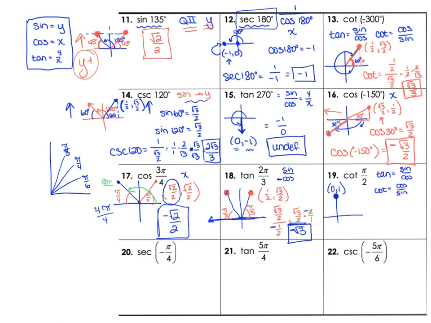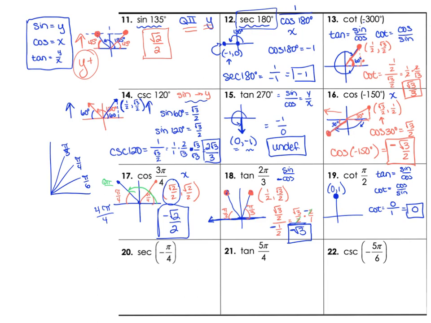That's the one that's easy to find. So cosine is the x value, which is the 0, over sine, which is the y value. So when we divide 0 by 1, we just end up with 0. We're good because the 0 is in the numerator. If the 0 is in the denominator, then it would be undefined.